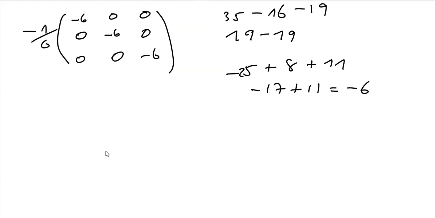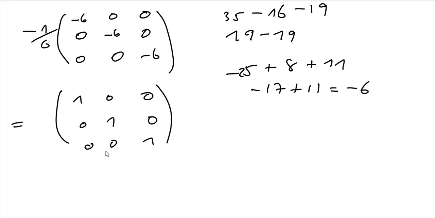Okay, well, we simplify this. If I multiply also by negative 1 on 6, negative 1 on 6 times negative 6 will be 1, times 0 will be 0, 0, 0, 1, 0, 0, 0, 1. So we see that it gives us exactly the identity matrix.